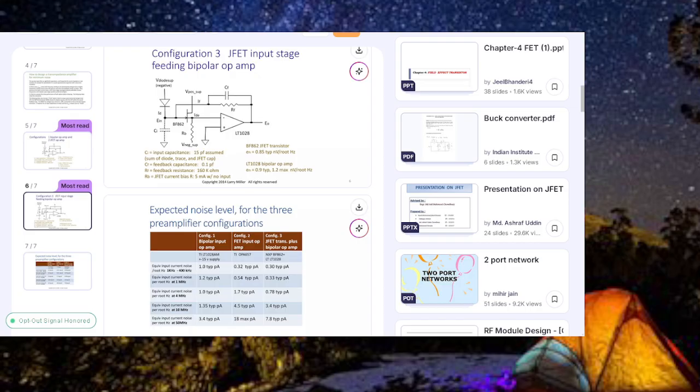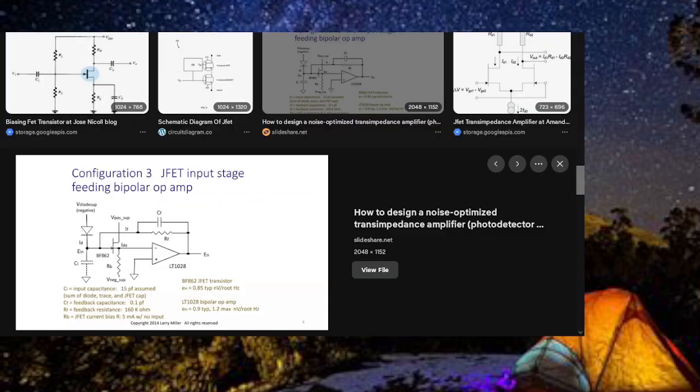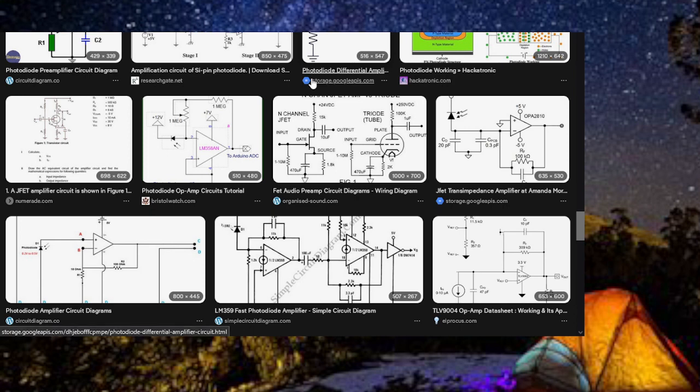Come on. Yep, that's a basic JFET amplifier with the LT28 at the end of it.